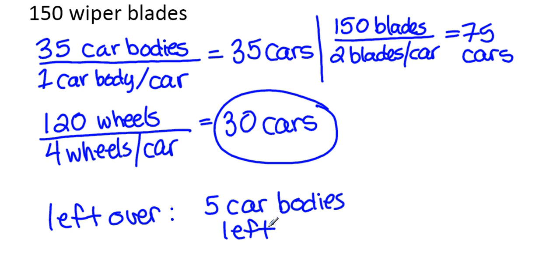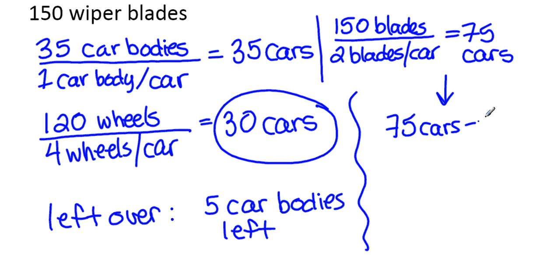But if I look at the blades, we said you could make 75 total cars. How many blades worth of parts are left per cars? Well, we had 75 cars. If we use up enough parts for 30 of them, that means 45 are left.